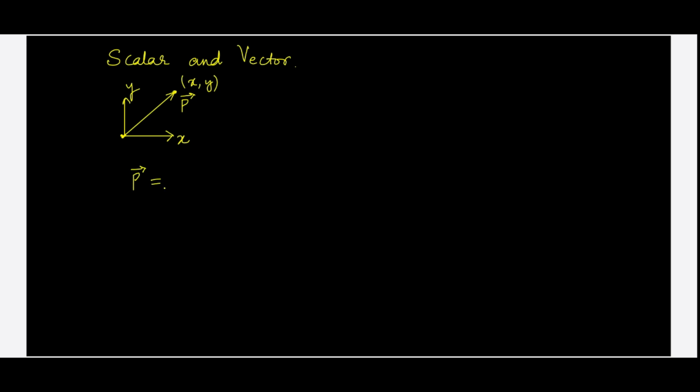Vector P with an arrow on top equals x I cap and y j cap. We'll get to what I cap and j cap are. What this means is, if you want to go from the origin to the point P, you need to travel x units along this axis and y units along that axis.